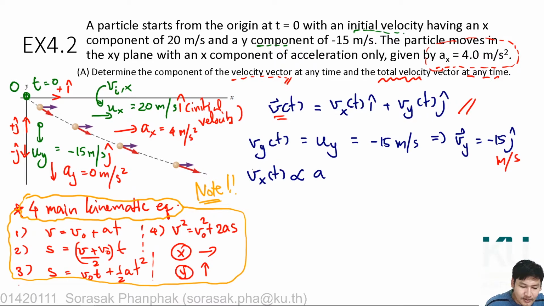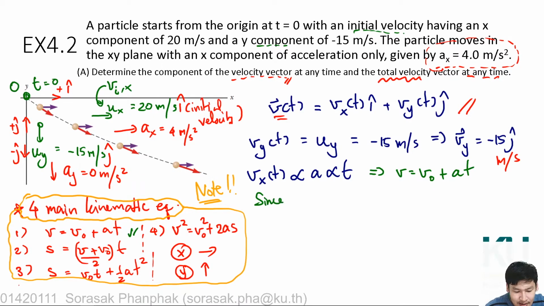So if you have some relation of v and you would like to have v with the time, so you have some a in the function related to a and also related to time, right? So I will pick the first equation. You will get v equal to v0 plus at for this relation.